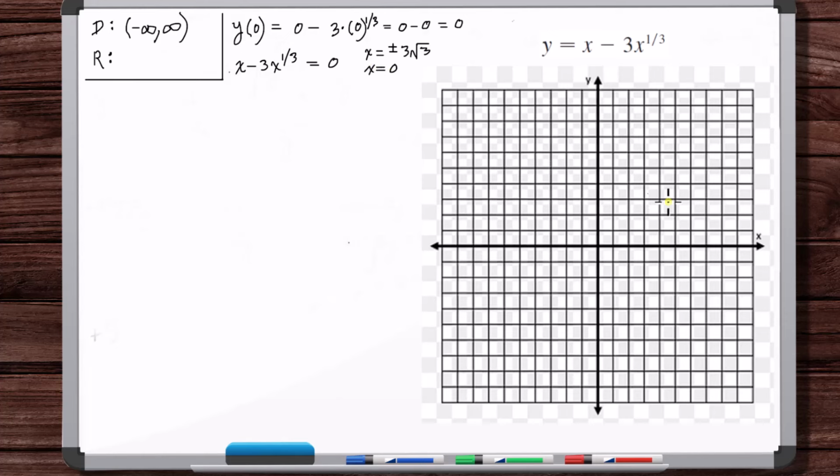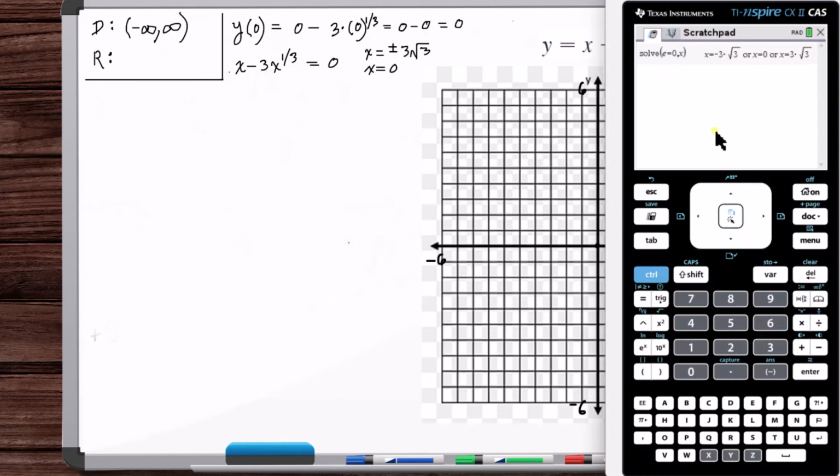Okay, now let's plot these intercepts. To get a good look at the graph, we're going to have the axes go from 6 to minus 6 on the y-axis and the x-axis. So each tick mark is going to be 0.6. The graph will go through the origin, and then it will go through plus and minus 3 root 3.